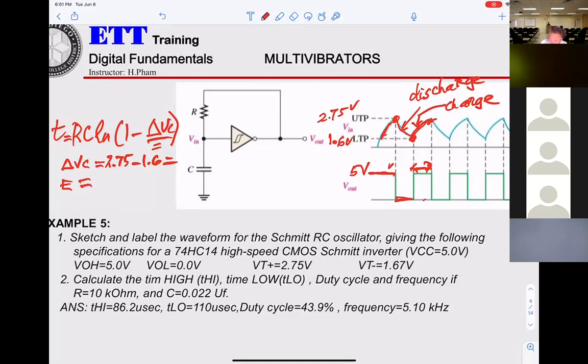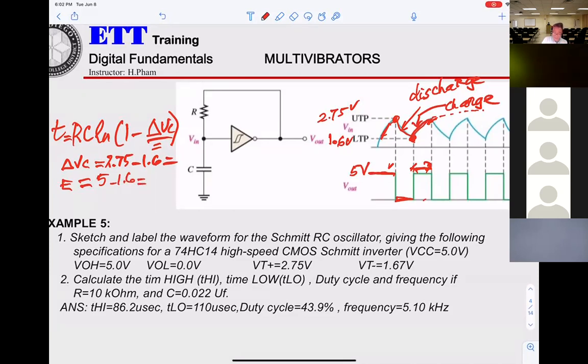You can see they start right here. Initial will be 1.6, and the voltage they try to reach, that means they keep going to the maximum, which will be 5 volt. So it will be 5 minus 1.6.